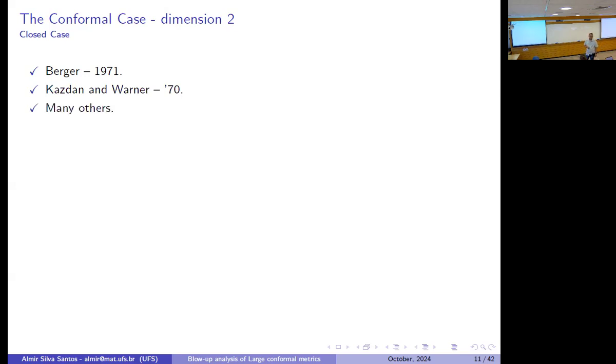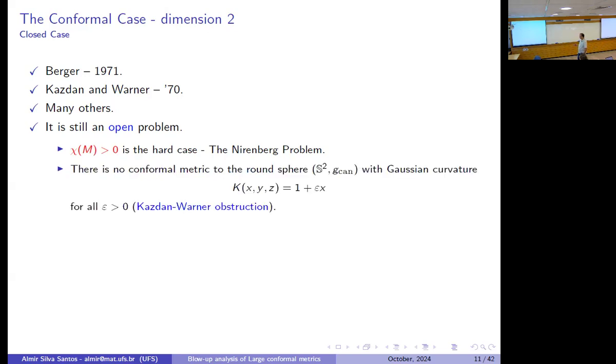There are a lot of papers in the literature regarding this problem, and it's an open problem, at least when the Euler characteristic is positive, which is the hard case. This case is called the Nirenberg problem. For example, it's well known by the Kazdan-Warner obstruction that this function on the sphere is not the Gaussian curvature of some conformal metric to the round sphere, even for any positive epsilon.